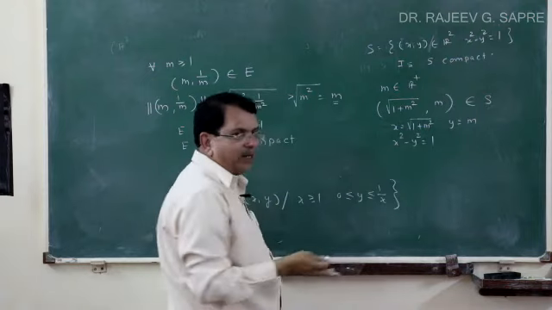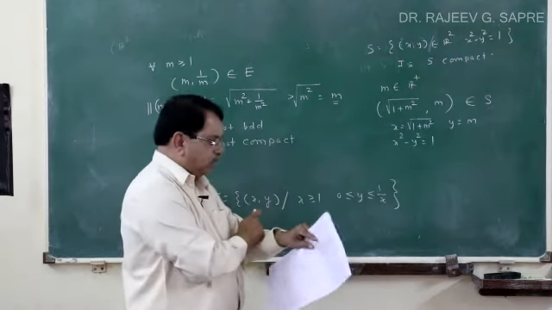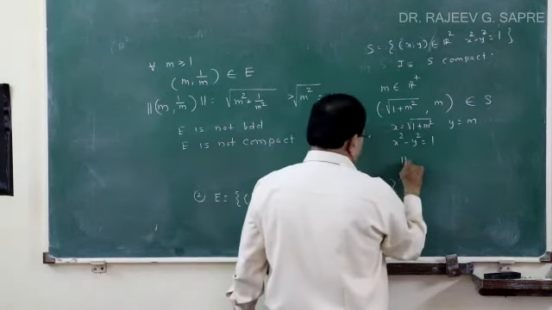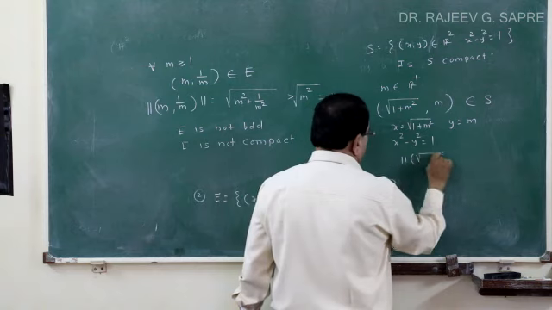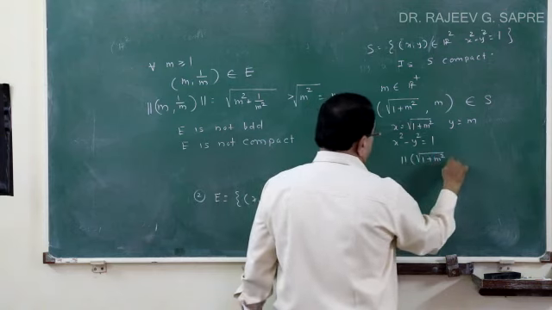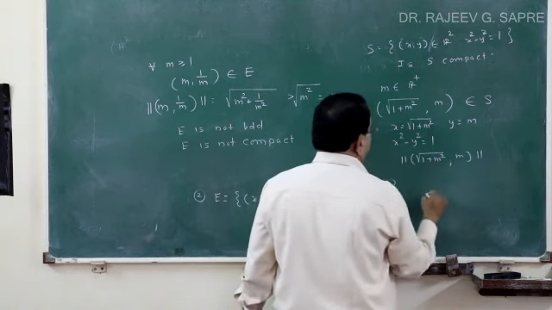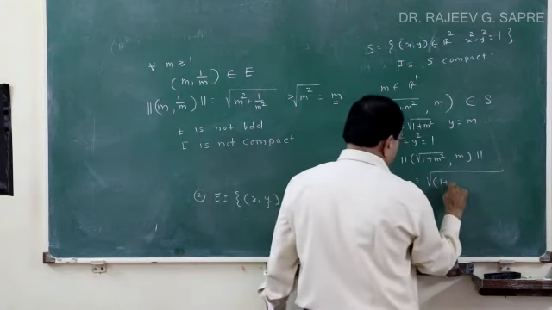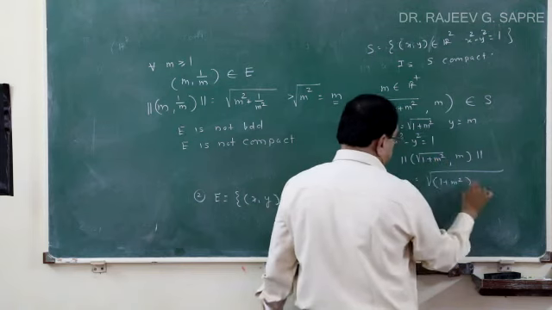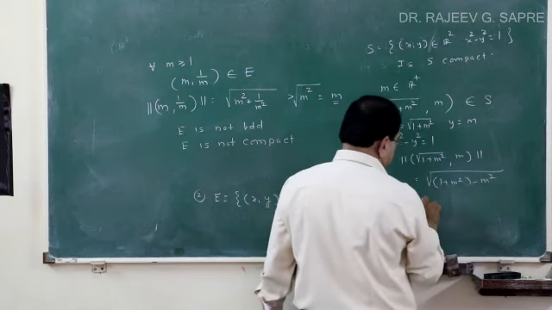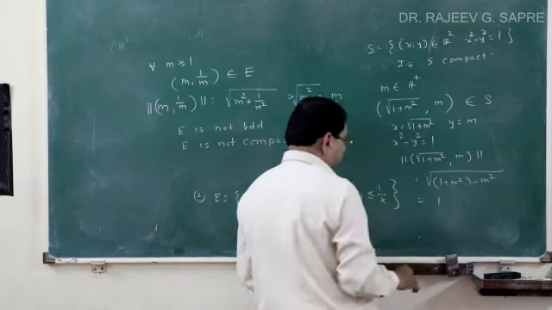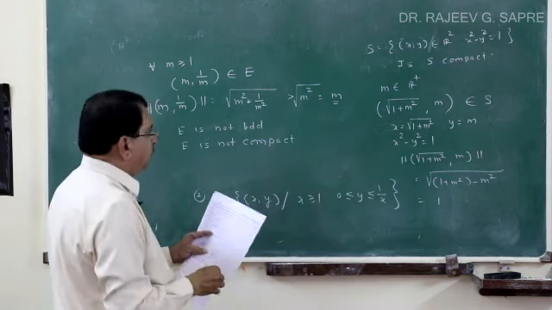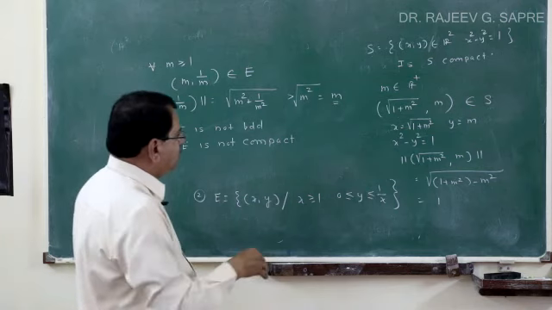But where m is any positive real number, what will be the norm of this point, root of 1 plus m squared comma m? It will be the root of x squared plus y squared, sorry.